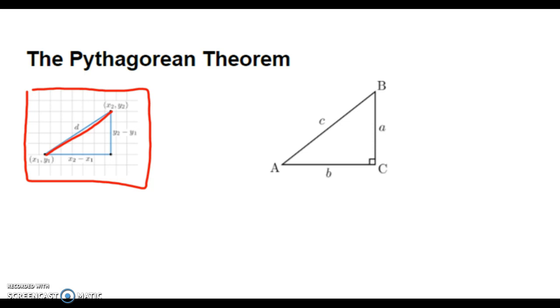First off, in the right triangle we have two legs, and the third side is called the hypotenuse. The hypotenuse is always the side across from the 90-degree angle.